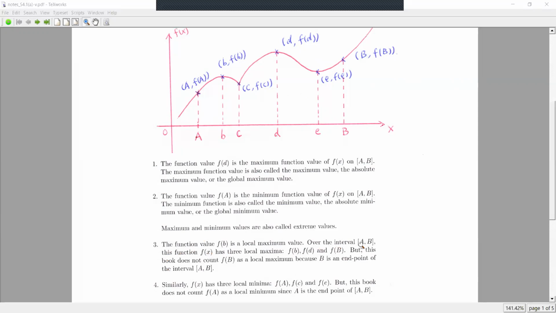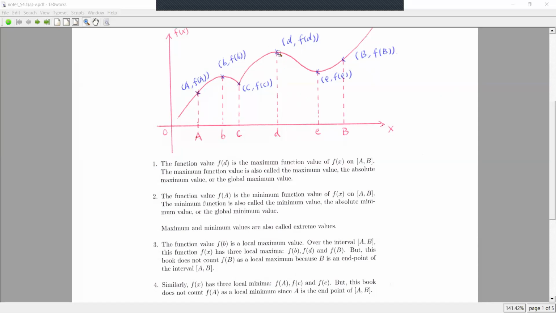Over this interval, BA to BB, this portion has several local maximum function values. This is locally maximum. This is locally maximum.